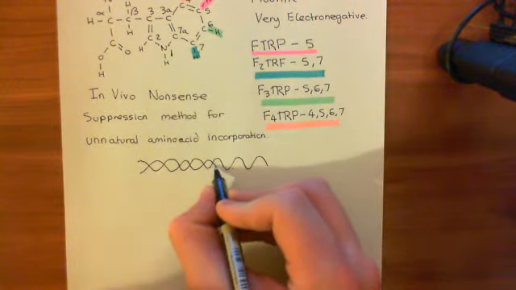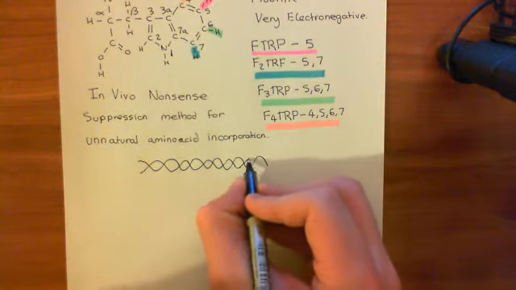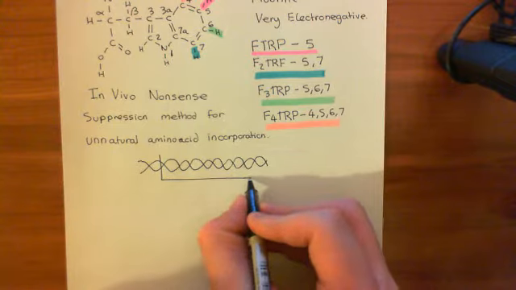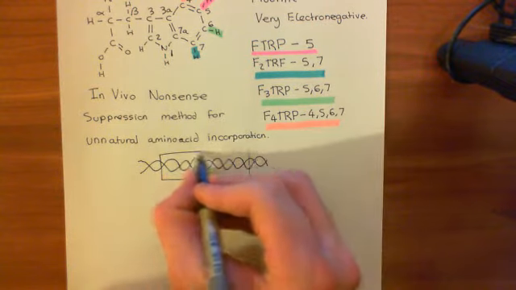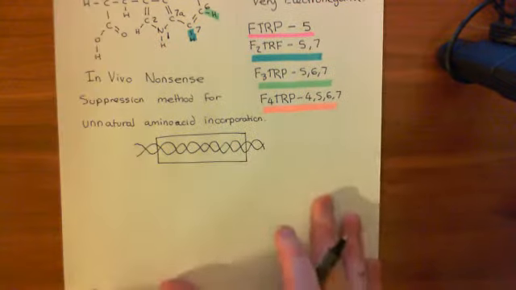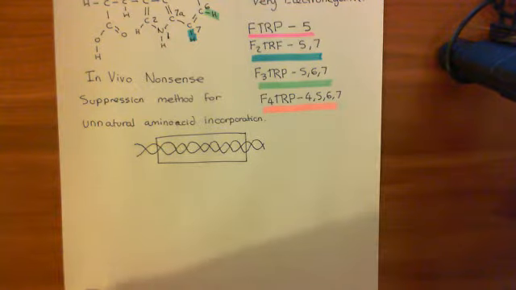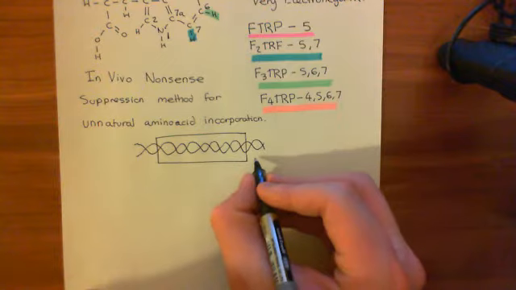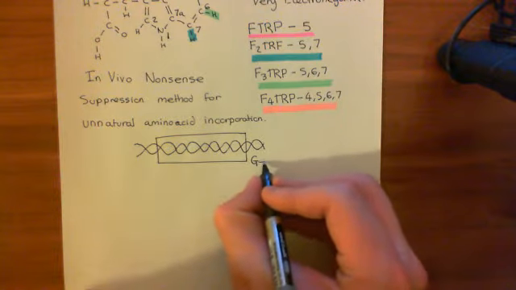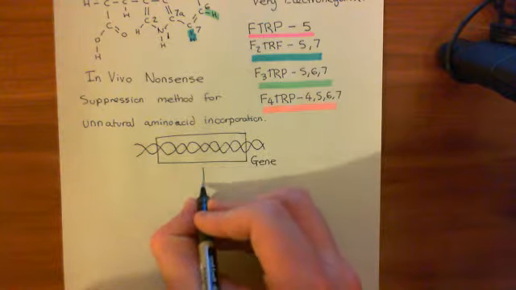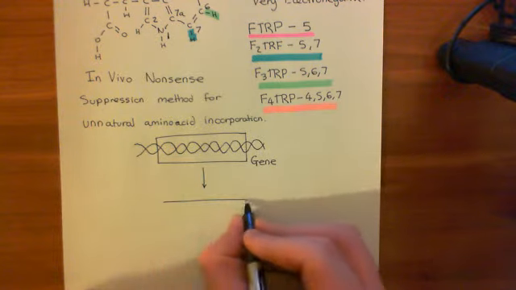Okay, so let's say this is the gene for our protein. I'll just remind you of the central dogma of biology, just to make sure everything's crystal clear, because we're going to have a very clever portion of this. The gene is transcribed to mRNA.